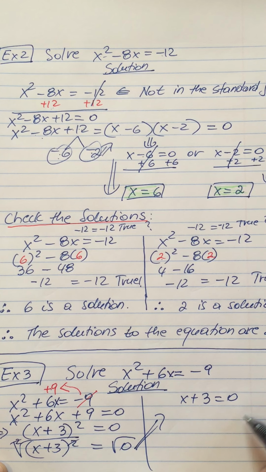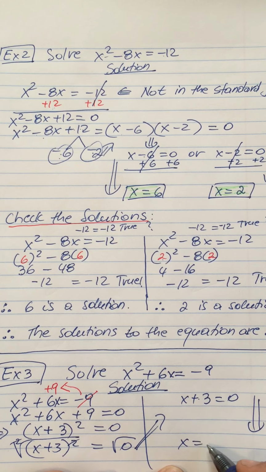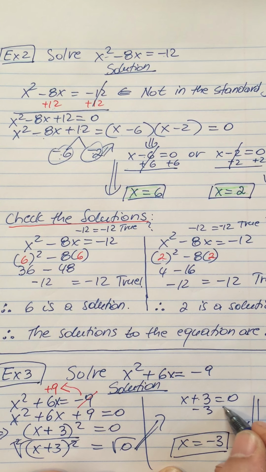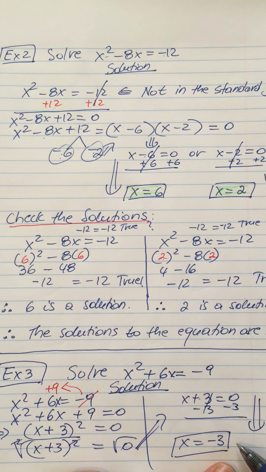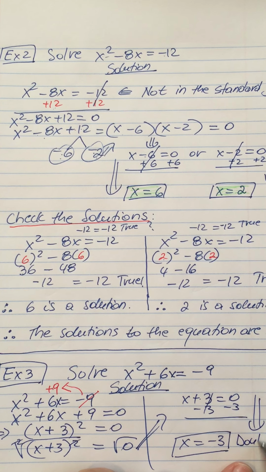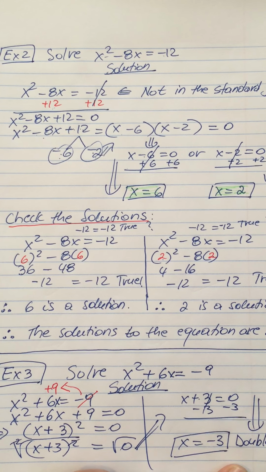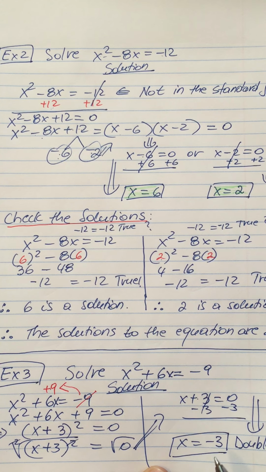So directly I can say here that x is the opposite sign, -3. Or you can subtract 3 to both sides, and you know that x is -3, and this is a double solution. Okay, so we have two solutions, but this is the same value, okay?